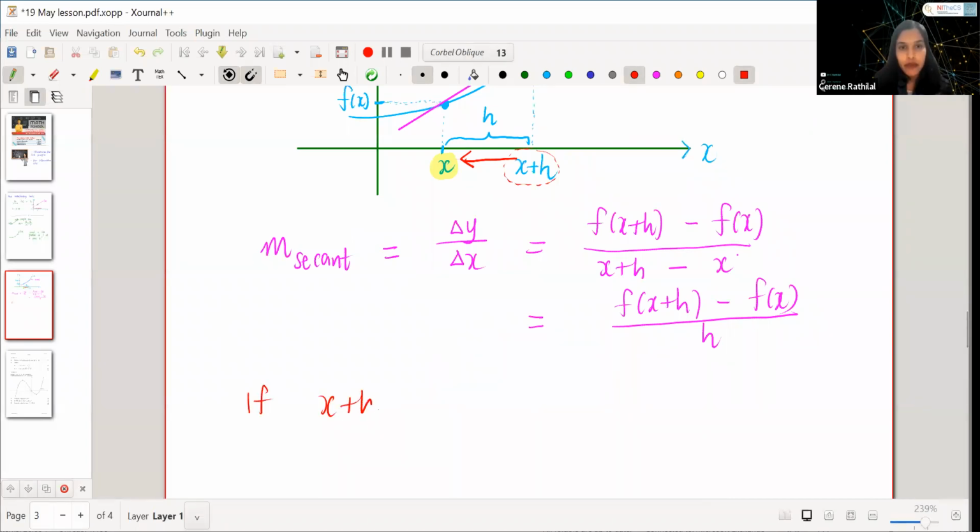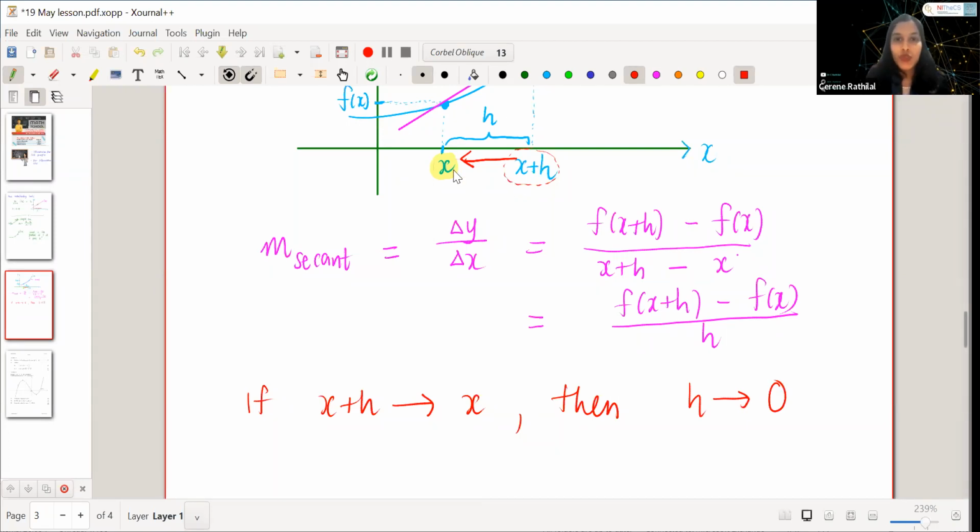If x plus h tends towards x, then what can you tell me about the value of h itself? If I'm making that coordinate get as close as possible to the value of x, what is happening to the distance between the 2 points? The distance was labeled h. What is happening to h? Can you see that h is getting smaller and smaller? It's getting closer to 0.